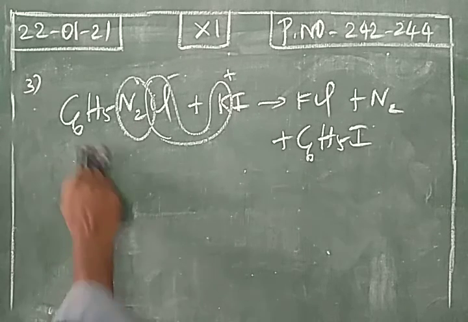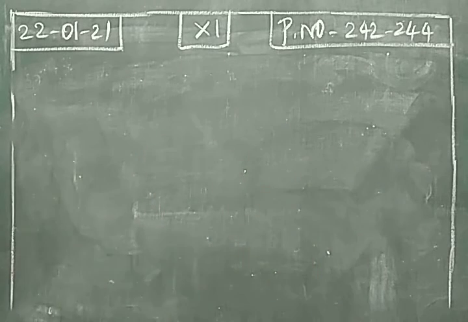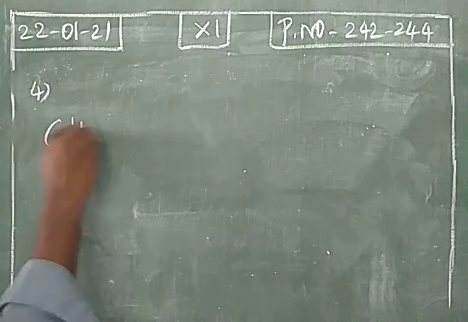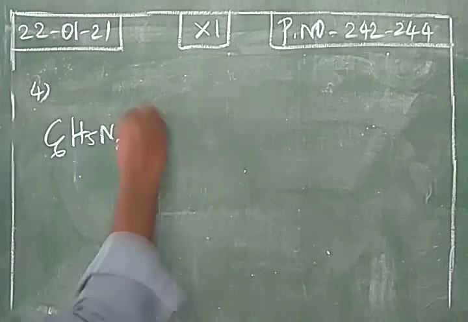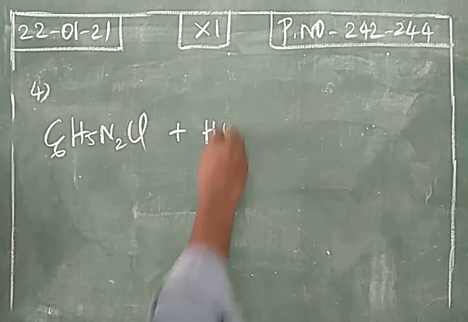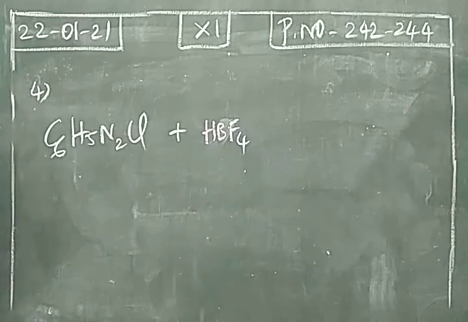Next, preparation of fluorobenzene. How can we prepare fluorobenzene? Take benzene diazonium chloride, which is treated with fluoroboric acid or tetrafluoroboric acid.